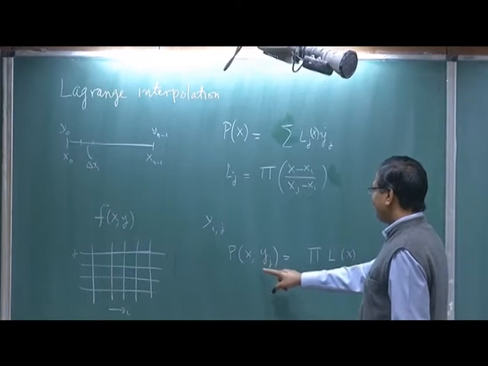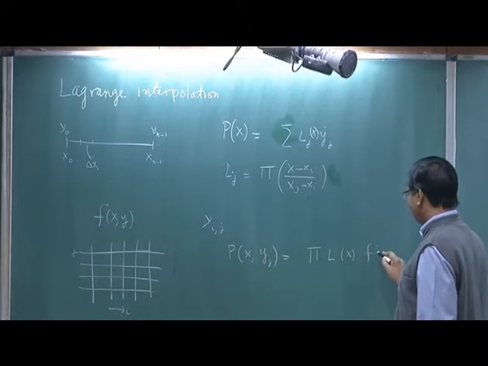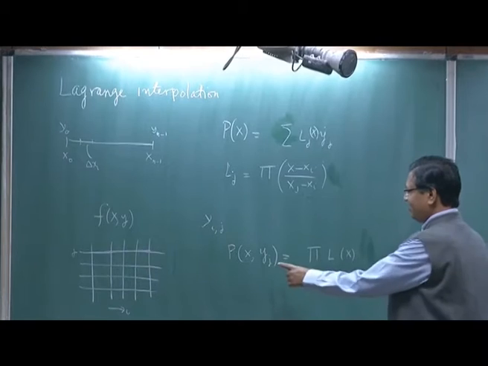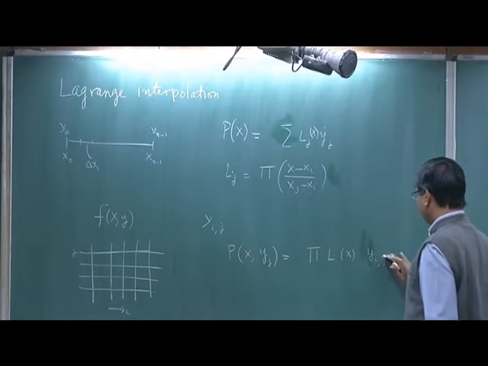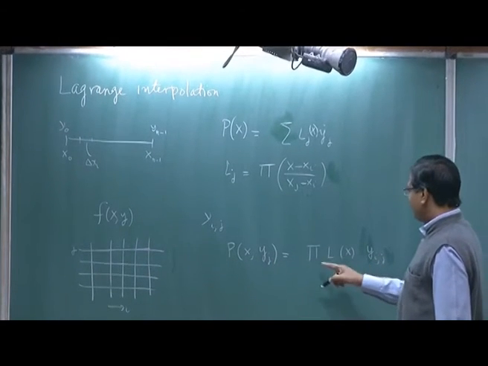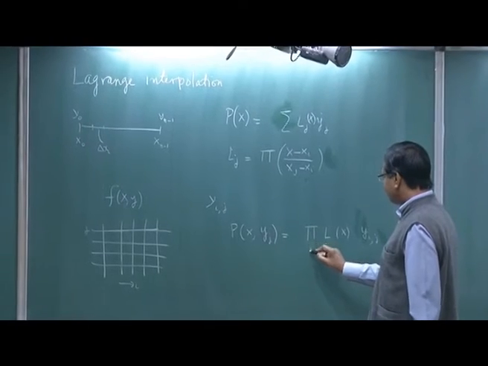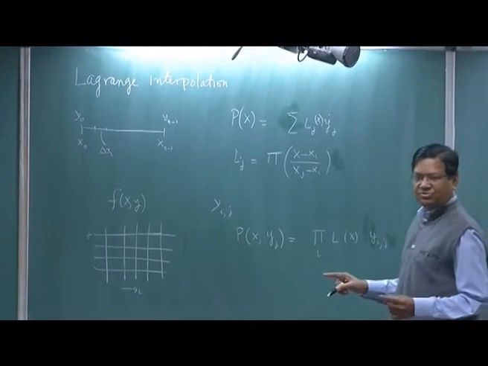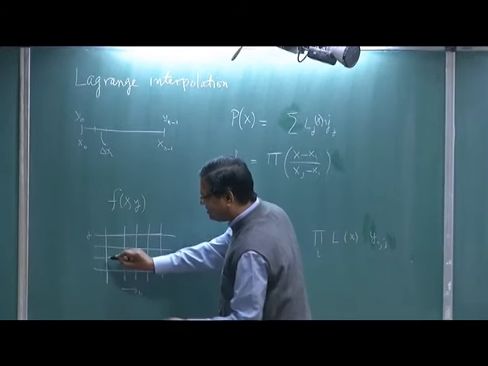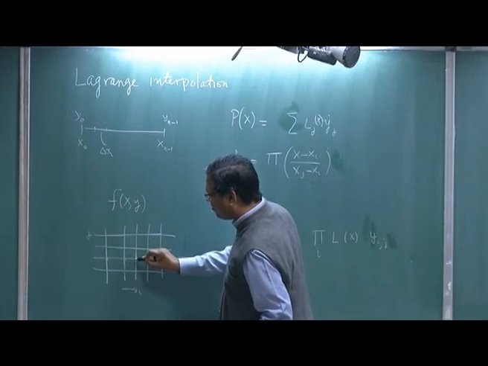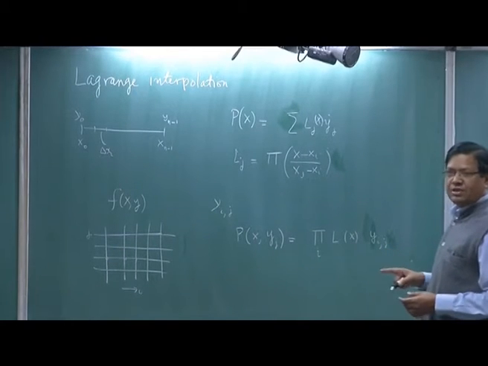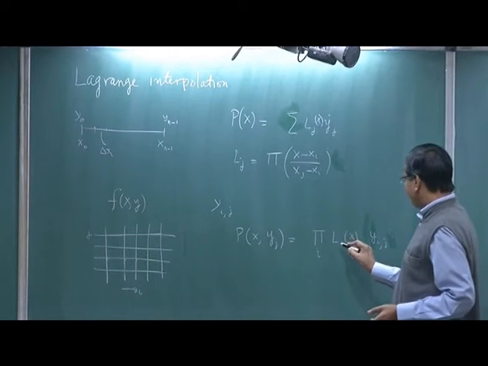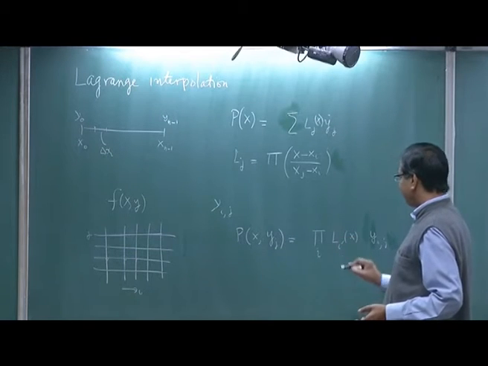So this function, I can use y i comma j. But now I am summing over all i's. So remember, I am basically fixing here i equal to 0, i equal to 1, i equal to 2, like this, going down like this. Now i comma j.